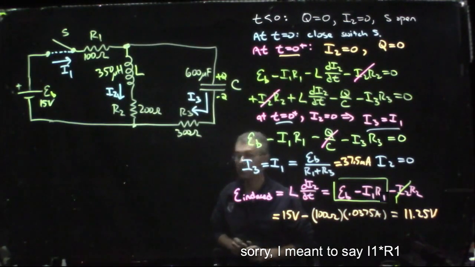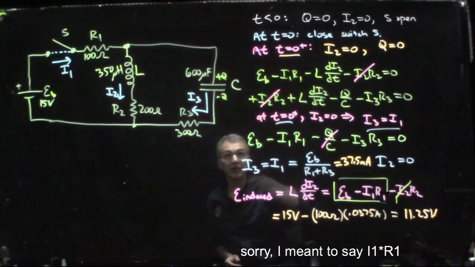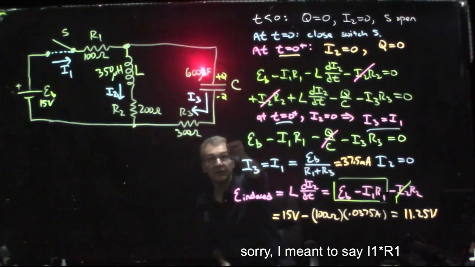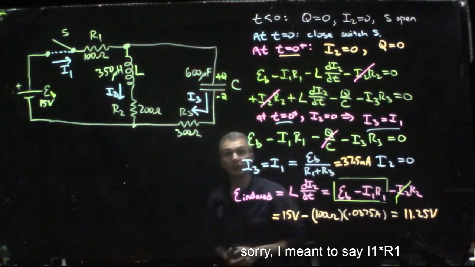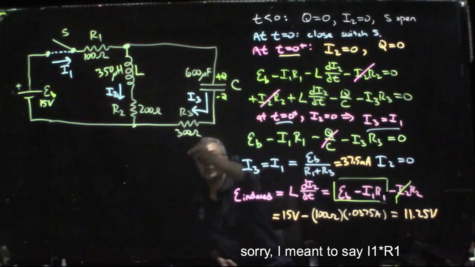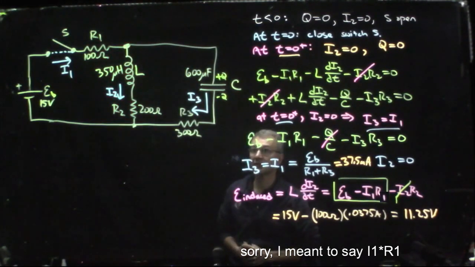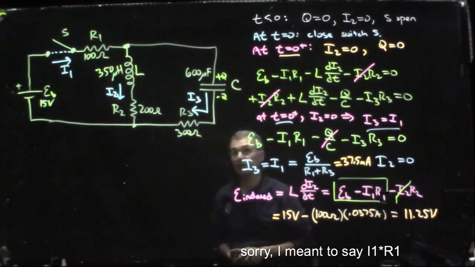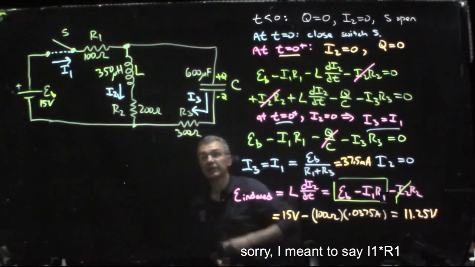Now we want to know, after the switch has been closed for a long time, what are the currents through the three resistors. So after the switch has been closed for a long time, the capacitor charge will be constant. It will have reached an asymptotic value. So if this charge is constant, then dq/dt is 0, and you can see that I3 equals dq/dt, so I3 will be 0. Meanwhile, I2 will be some constant value through the inductor, and therefore di2/dt will be 0, so the induced EMF in the inductor will be 0.